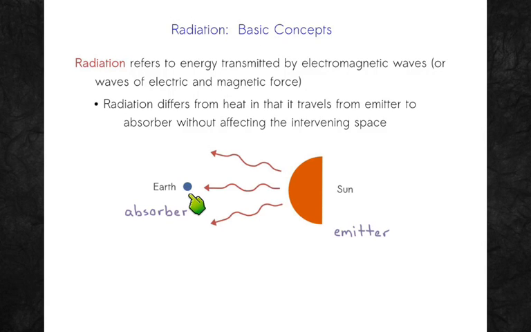This is different from heat, for instance. If you had a warm object and a cold object, the only way you can transfer heat from one to the other is if there's something in between to carry that heat. So you need air or water or something to carry that heat from the warm object to the cold object. Radiation's different in this way. You don't really need anything in between. You can transfer energy without really having an impact on the intervening space.